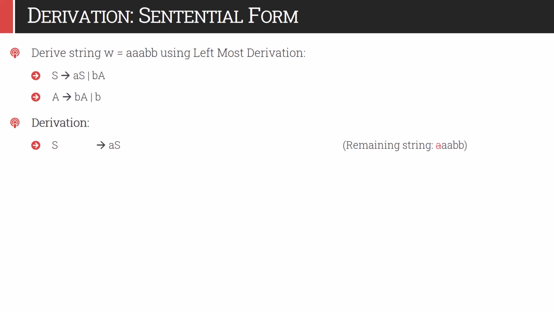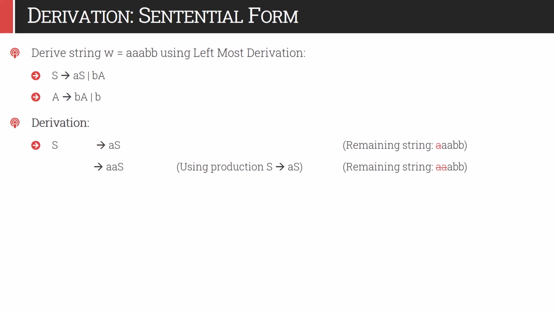But I want AA as mentioned in W. So I will not choose BA, rather I will choose AS. So capital S we are replacing by AS from the production S implies AS. So two letters are produced, AA. So the remaining string is ABB that we have to generate.